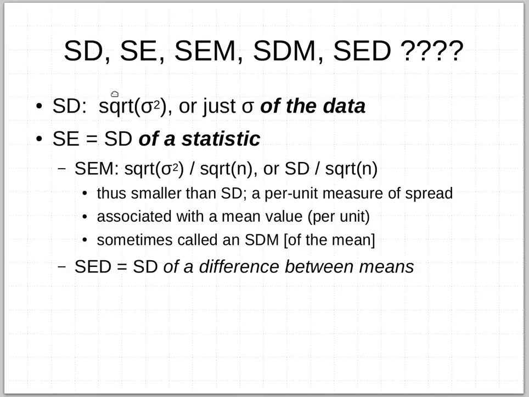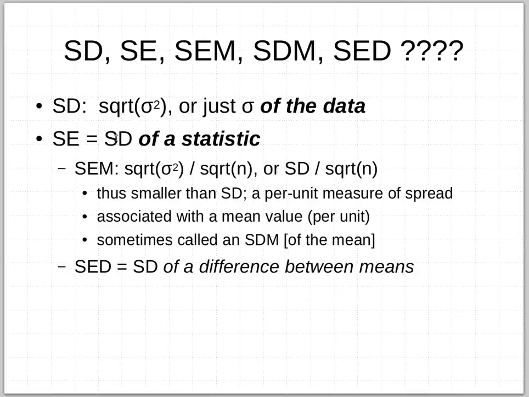So first off, try to make the distinction with a standard deviation. The standard deviation of the data, like I was just talking about for a while here, is the square root of the variance of the data, or just simply sigma, right? So the square root of sigma squared is just sigma. That is describing the data. A standard error is a standard deviation of a statistic.